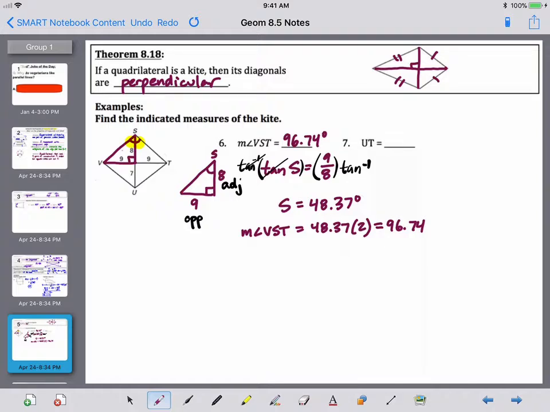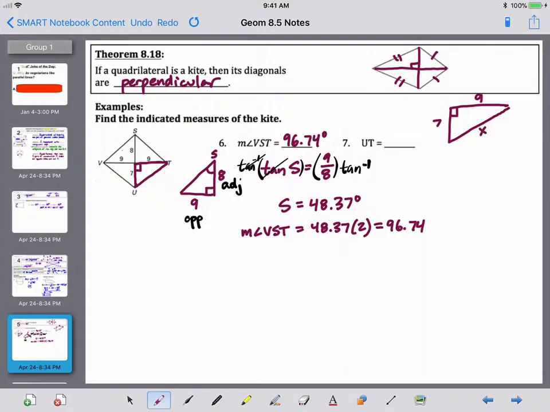Okay, now to find UT, I'm going to erase what we've drawn so far so we can start over. The length of UT is right here. Now if I just focus on this right triangle, remember this is still a right angle here, let's see what we can set up. I'm just drawing that lower right-hand right triangle, where this is 7 and this is 9. I'm going to call this length of UT x.